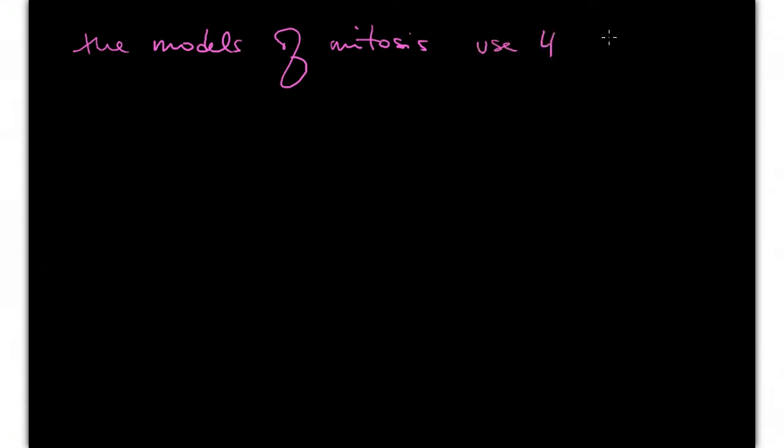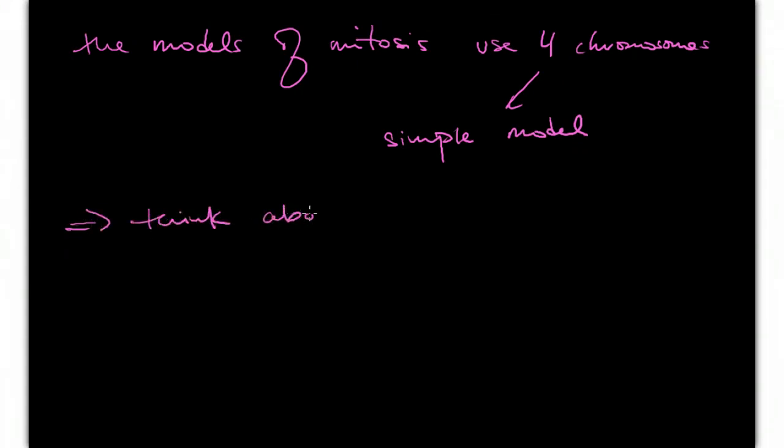I just want to point out that the models in your book of mitosis, and I'm not going into that again, that's what you need to know and read, make sure you understand, use 4 chromosomes, and that this is a very simple model, although for some organisms it may be true, but I want you to really think about what this looks like in humans.